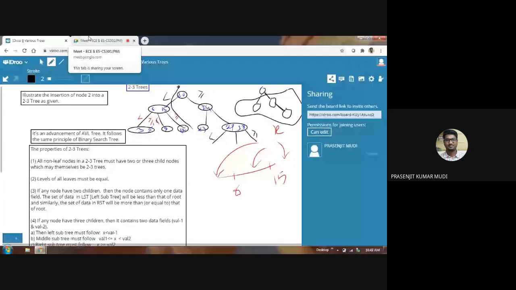Yes, sir. Okay. So ultimately what we are understanding here is that in two ways we can improve the searching complexity. One is what we have discussed in the case of the binary search tree. What is the problem in a binary search tree? The problem is that the left subtree and right subtree may differ by a large amount of height.